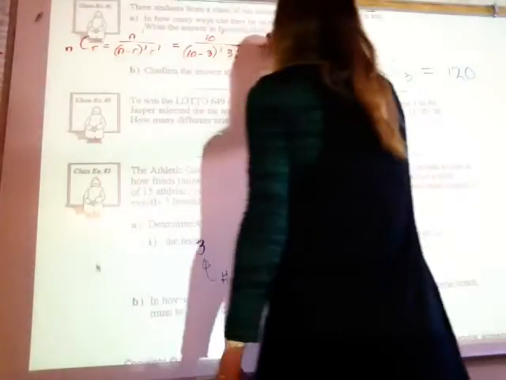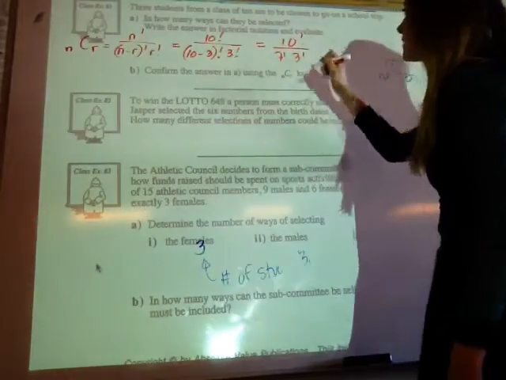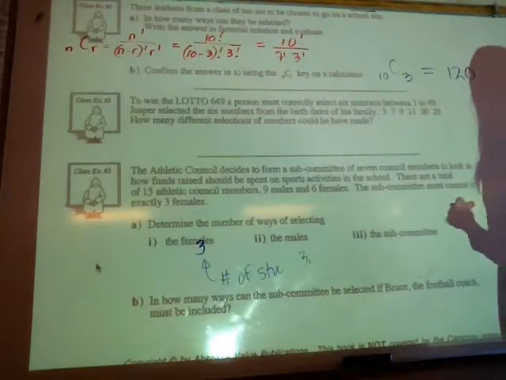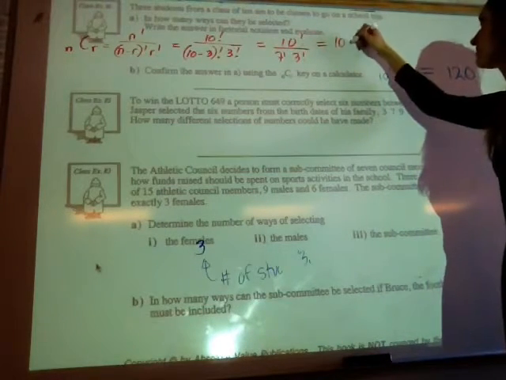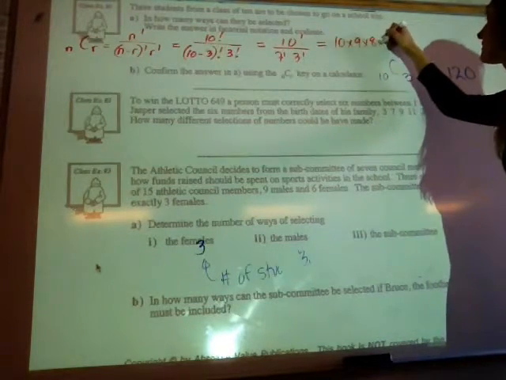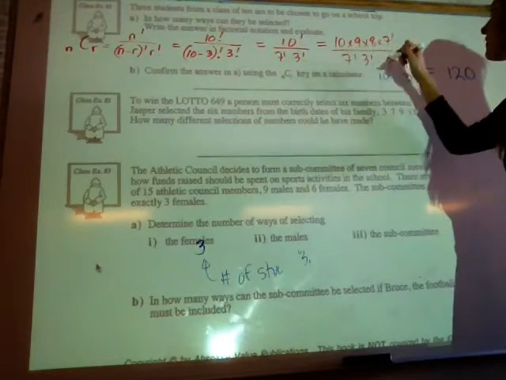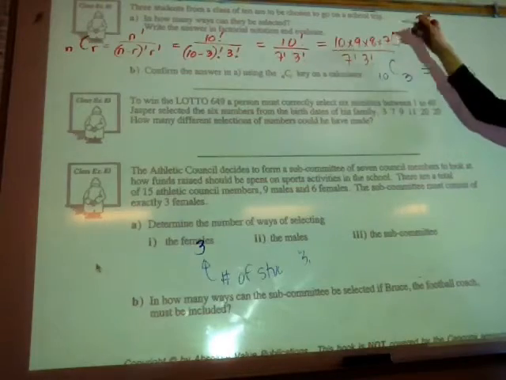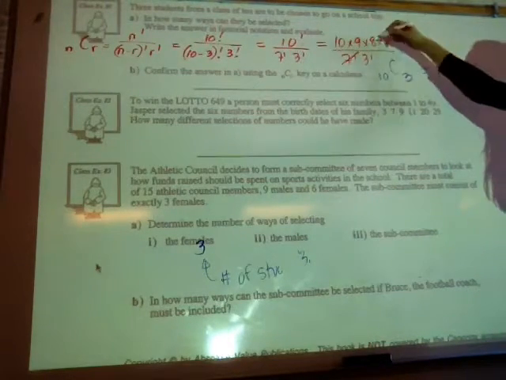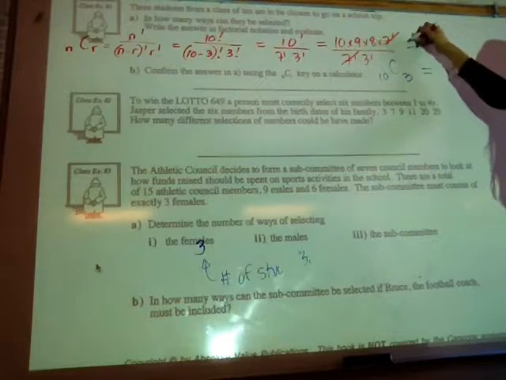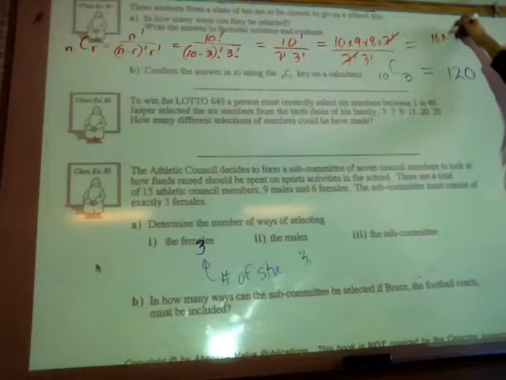So if we were to simplify this, we'd get 10 factorial over 7 factorial times 3 factorial. If I weren't using a calculator, I could simplify 10 factorial to 10 times 9 times 8 times 7 factorial, divided by 7 factorial times 3 factorial. 7 factorial can cancel out. Oh, sorry, 10 times 9 times 8.